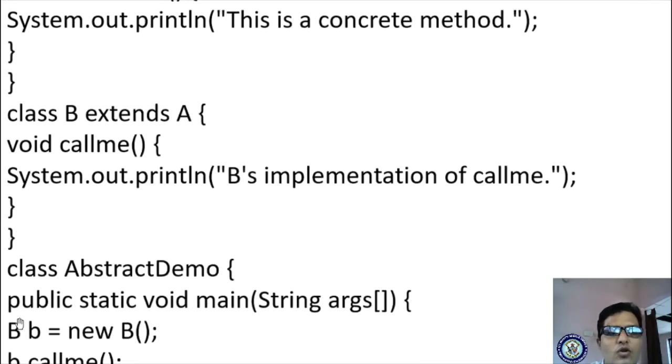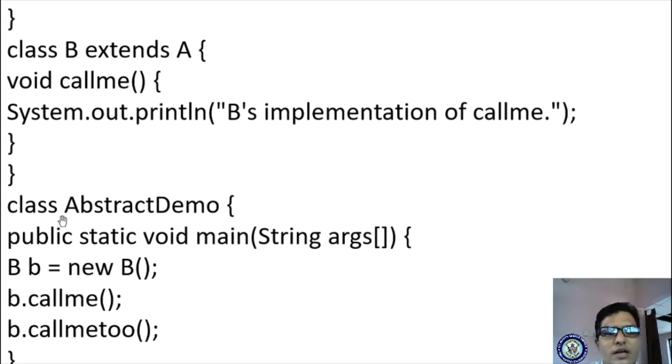I'm writing one more class, AbstractDemo, and in it I'm taking the main method: public static void main(String args[]). Here I'm creating the object for class B, then B.callme. This method overrides the base class method, so you get B's implementation of callme. Then B.callmeto: where does callmeto exist?